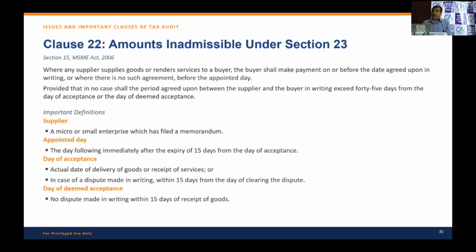Or if you have claimed or created a defect or a liability against that transaction, then 15 days from the date of clearance of that defect or liability. If you have not raised any objection as far as service or quality is concerned, that is by default. There is nothing specifically further to be taken there.